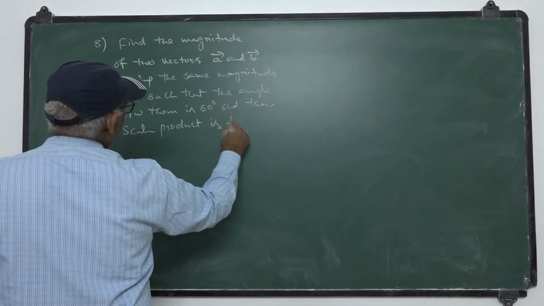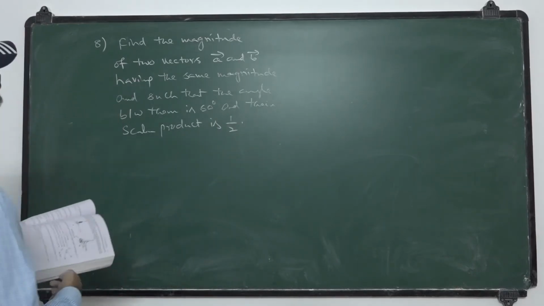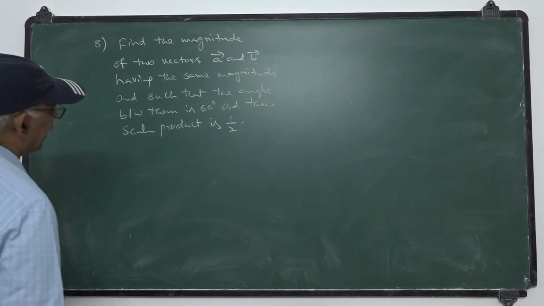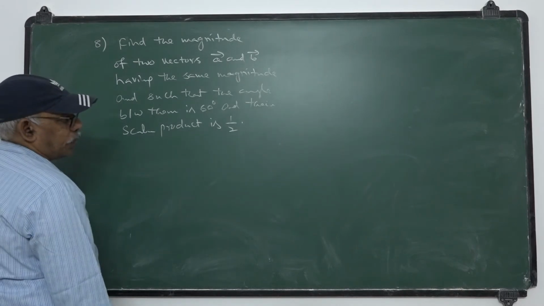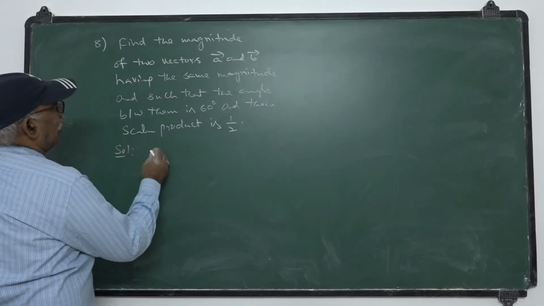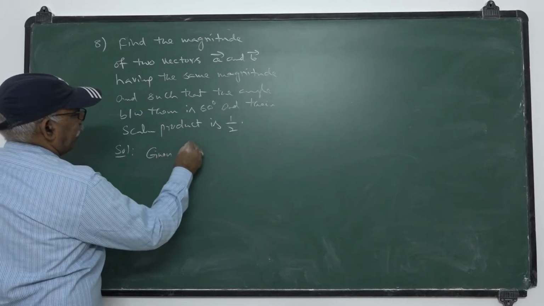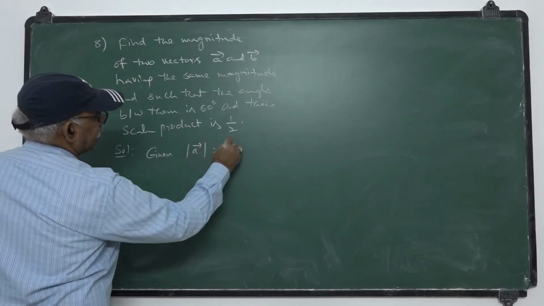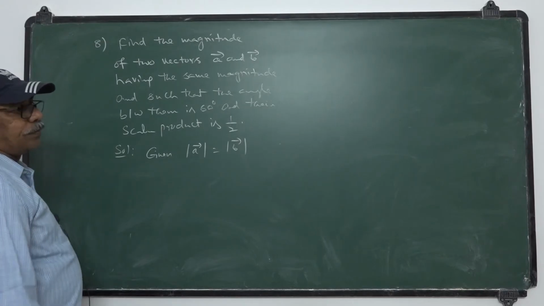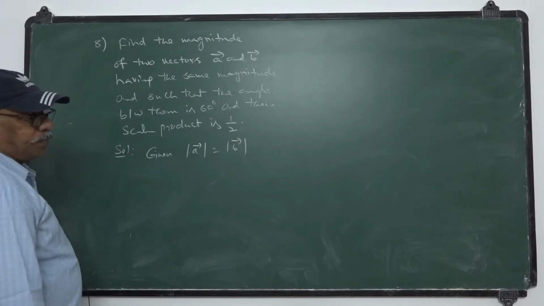Find the magnitude of the two vectors. Given magnitude of A bar is the same as the magnitude of B bar. Magnitude of A bar equal to magnitude of B bar.